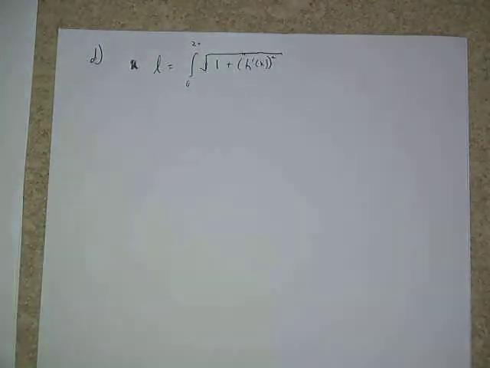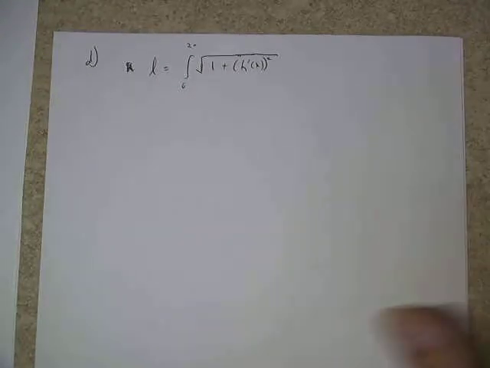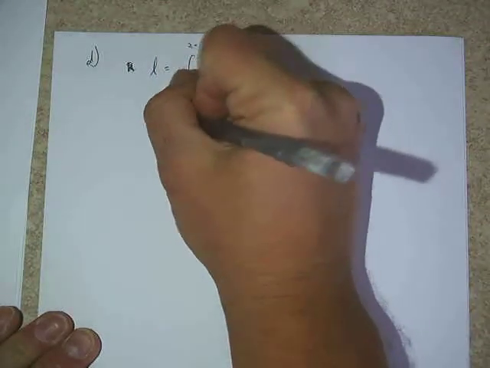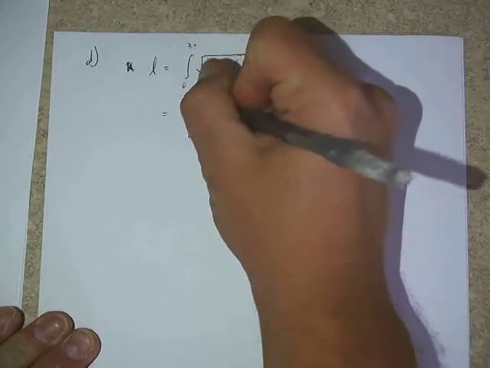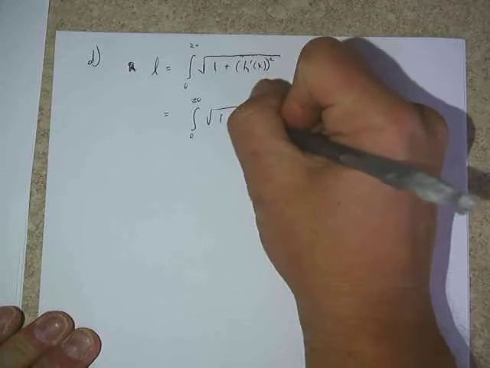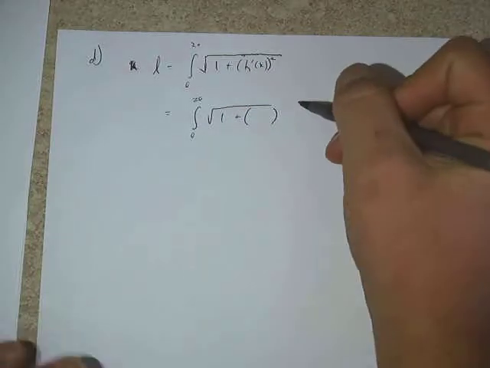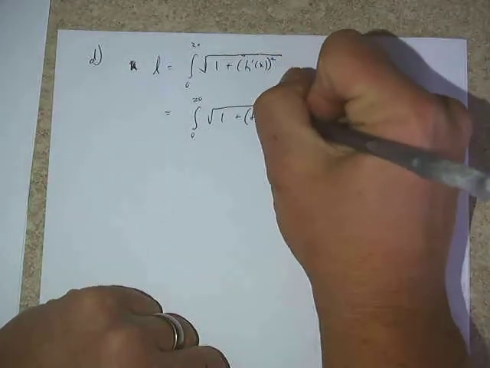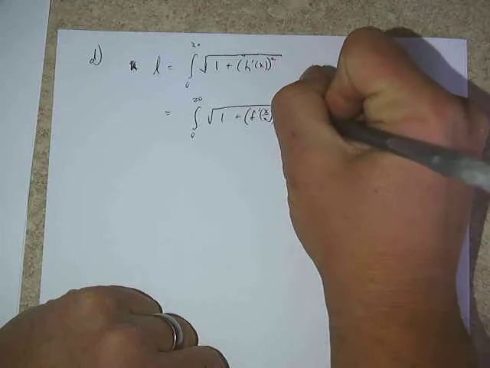And remember, this is not a parametric situation, it's just an f of x situation, which means that this is always going to be 1, and then this is going to be the derivative of h squared. So that being our arc length formula, we would need to figure out how to evaluate this, because that is the arc length of h on 0 to 20.